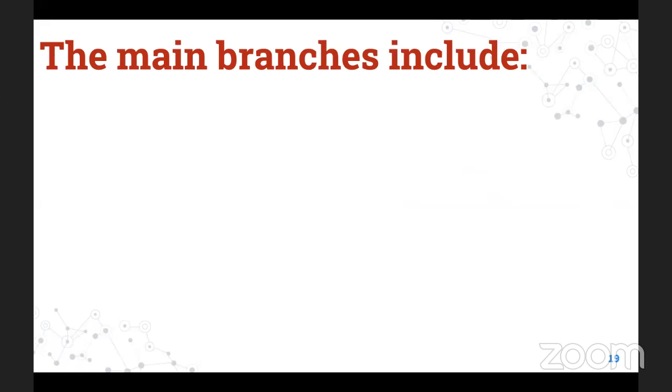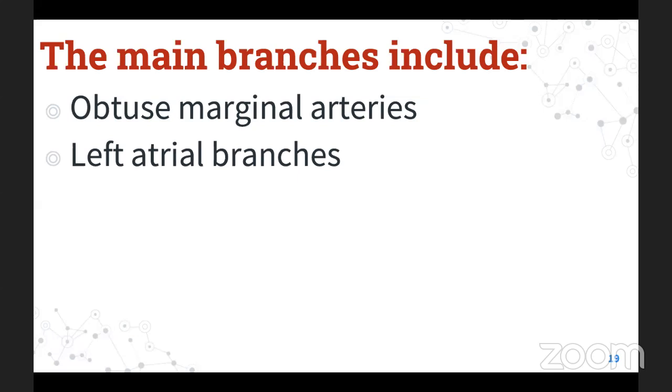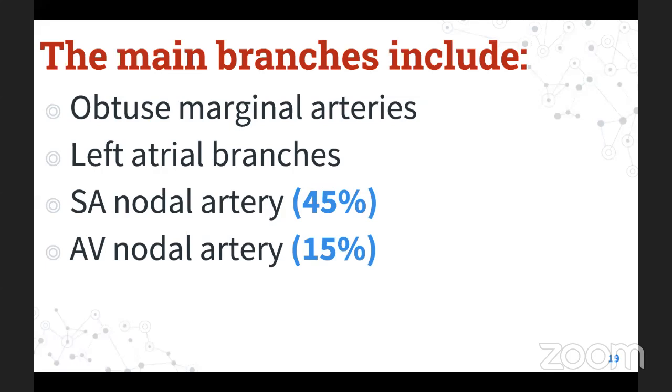The main branches of circumflex include obtuse marginal arteries, left atrial branches, and SA nodal artery, which is found to originate from circumflex in 45%. AV nodal artery originates from circumflex in 15%, and PDA can be present in 10%.